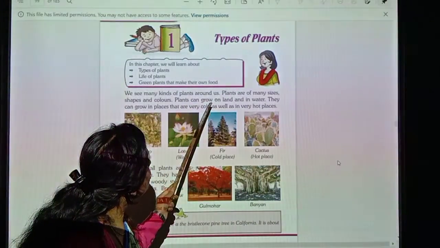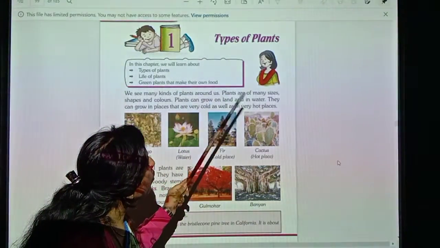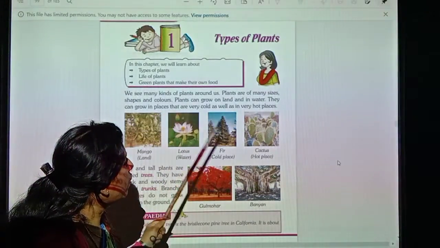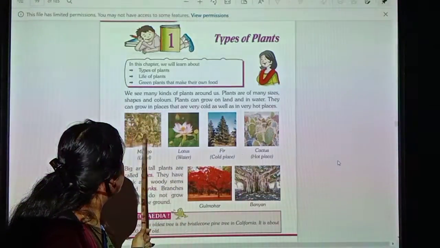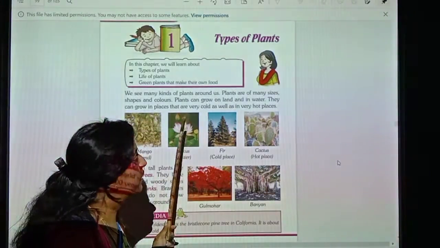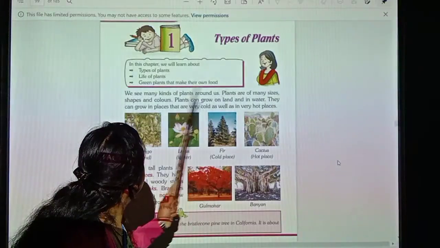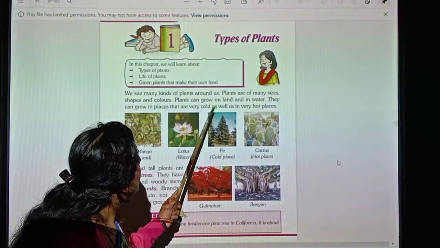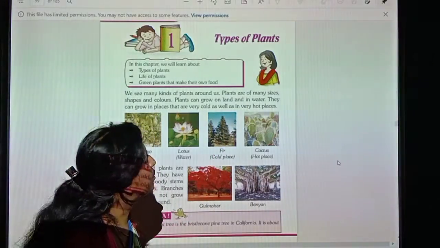So plants can grow on land and in water also. I'll explain which plants grow in water and which plants grow on land. They can grow in places that are very cold as well as in very hot places.